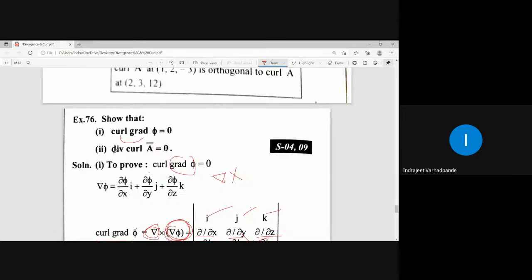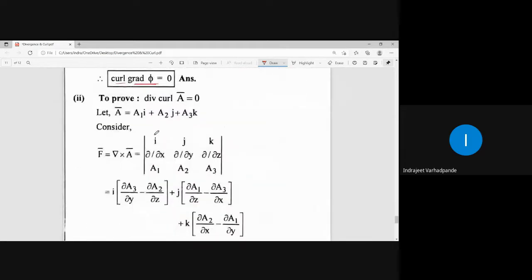Second is divergence of curl A bar is equal to 0. Divergence means del dot, whatever will be the vector quantity in the curl A bar, that will be shown 0. A bar is any given vector expressed in a component form as a1i plus a2j plus a3k.